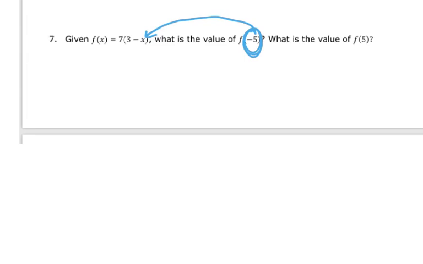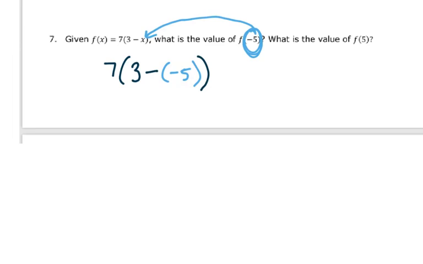So I'm going to write this function as 7, open parentheses 3, minus, be careful, I need to plug in that negative 5. Because this 5 had a negative, I used parentheses so that it doesn't confuse me. So the x was negative 5, and the equation was 3 minus, so that's why this negative 5 is here.